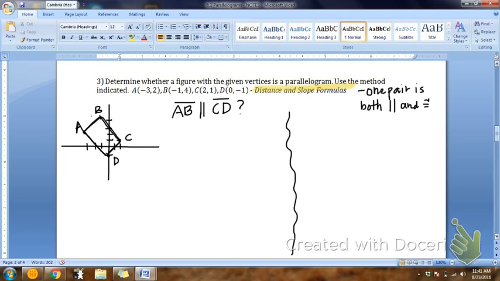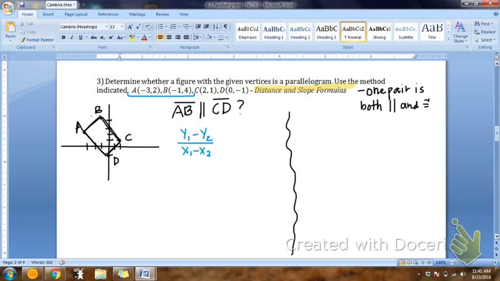So if it's parallel, what formula am I using? Slope. So y1 minus y2 over x1 minus x2, and I'm using it with these 2 points. Go ahead and do it. Find the slope between those 2 points, the ones up there in the blue, A and B. Check that one first.